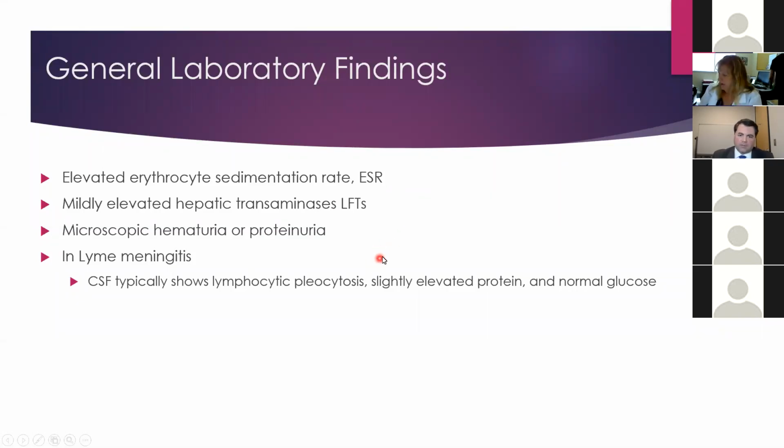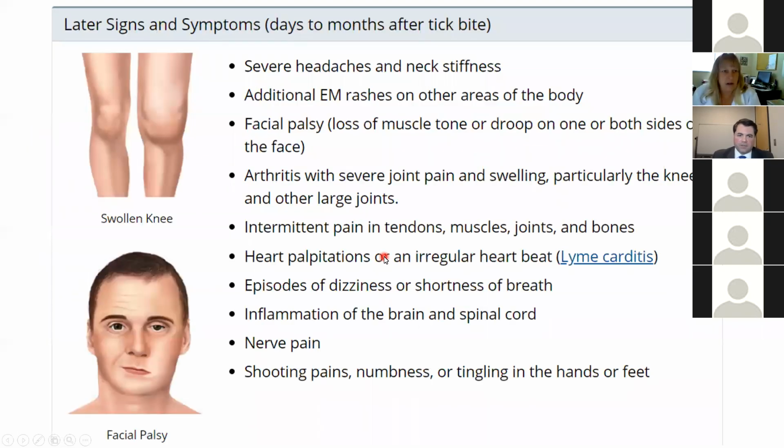So Lyme disease has some controversy around it, which we'll discuss. But part of the issue is that when you have diseases that are controversial, a big part of it is that the testing is poor. So the quality of the tests are either not done correctly, or they're just not very good tests, which makes for a controversial disease. And here are the later signs and symptoms. Days to months after the tick bite, you can get severe headaches, neck stiffness.